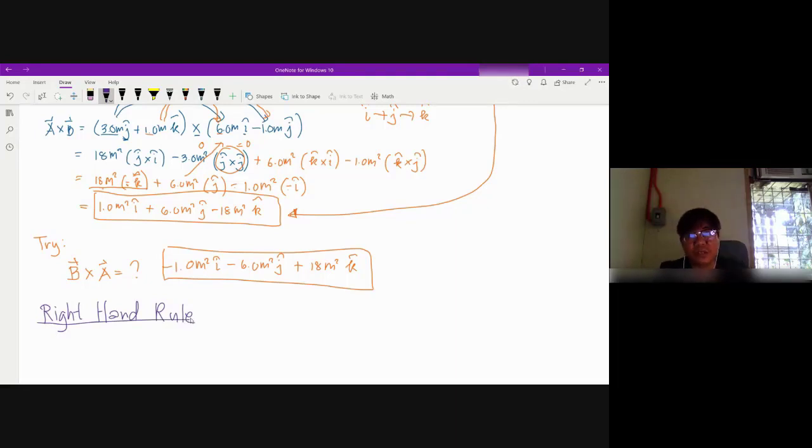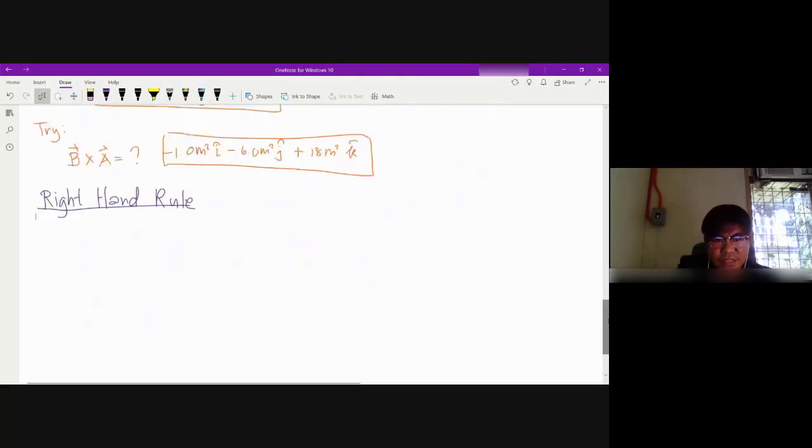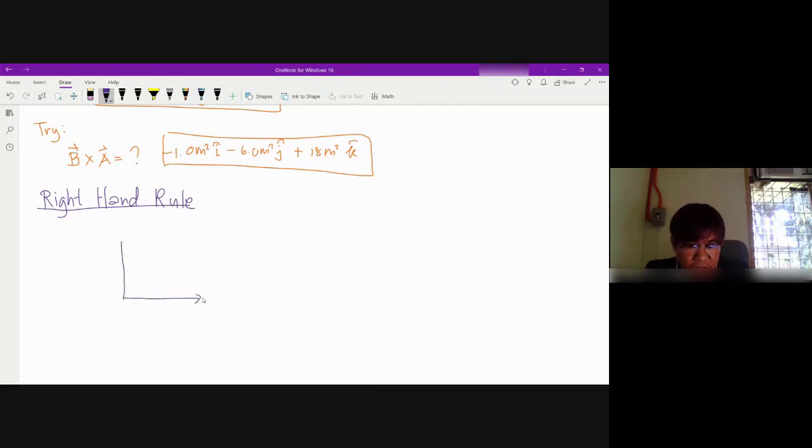You must use your right hand to determine the resulting direction. So for example, let us verify, suppose I have i hat here and j hat.